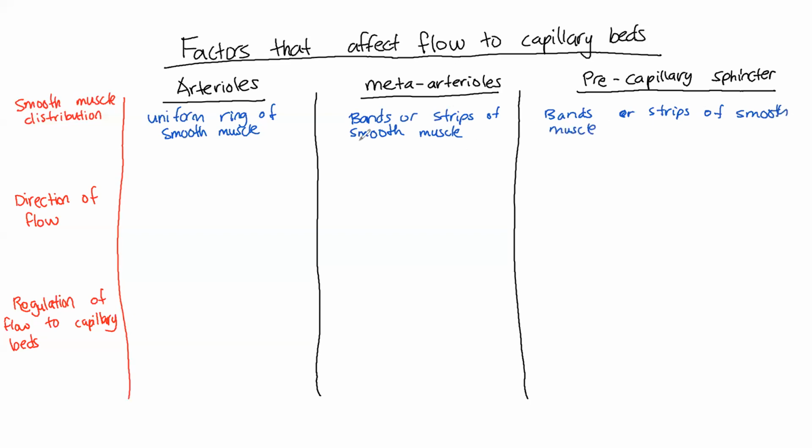Okay, let's talk about how they direct flow. So we know that arterioles are going to capillary beds. Pretty straightforward. They direct flow to capillary beds. We know that meta-arterioles are bypassing capillary beds, so really towards venules.